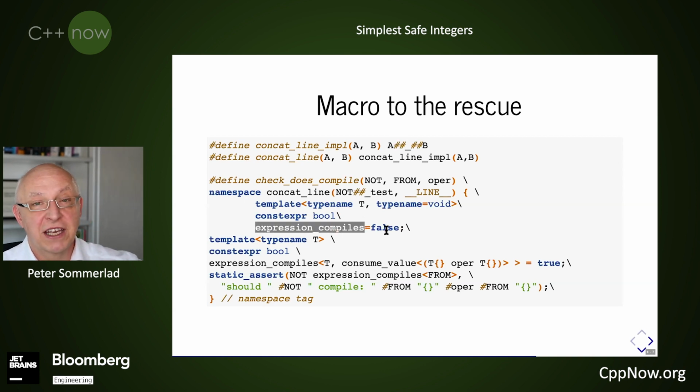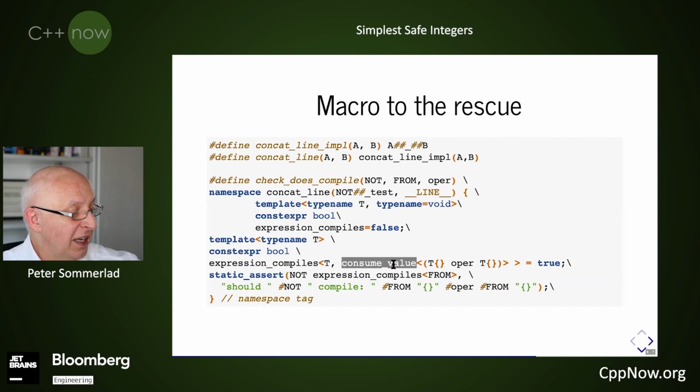And how do we check if the expression actually compiles? The most common thing is I want to check if an operator is available. So I use my consume value as the second template argument for specialization and put in a default constructed value of the template parameter, the macro parameter operator, which might be the shift operator, but also a more complex expression.